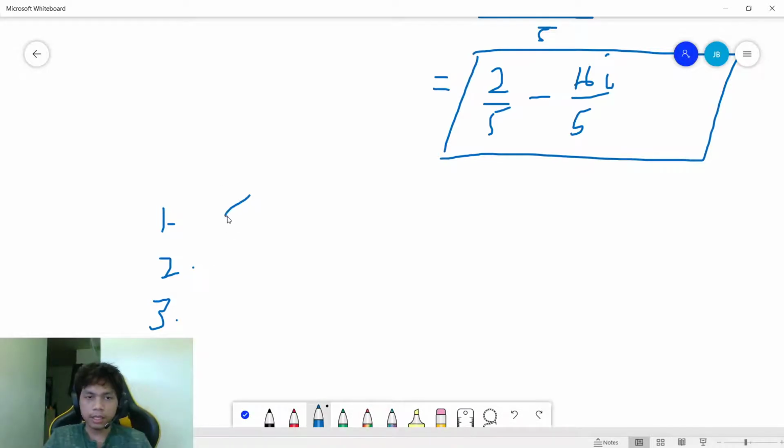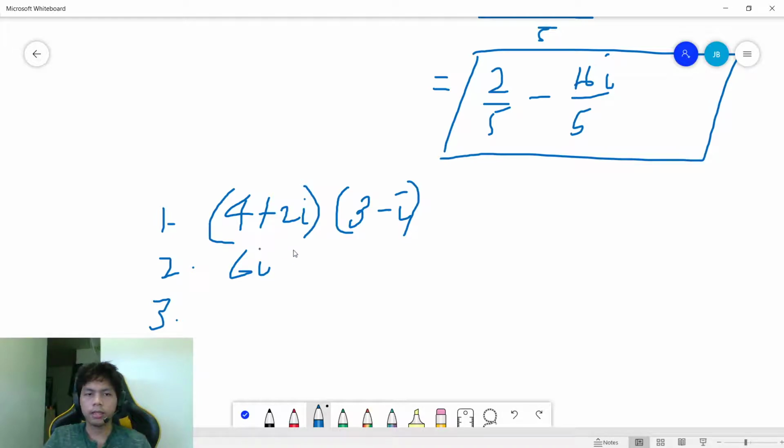Number one is 4 plus 2i times 3 minus i. Number 2 is 6i plus 6i squared minus 2i plus 4.